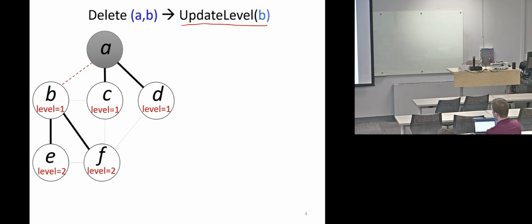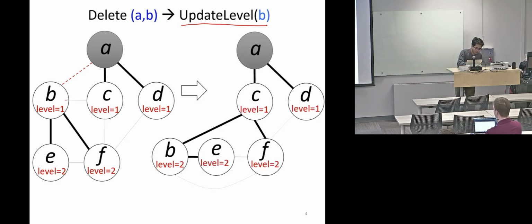So now I can just hang down from C. I update my level of B: look at all of my neighbors, take C because it's the minimum one, and set my level to the level of C plus 1. So that's 2.